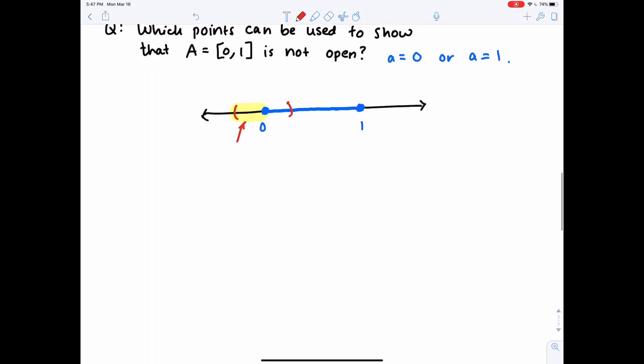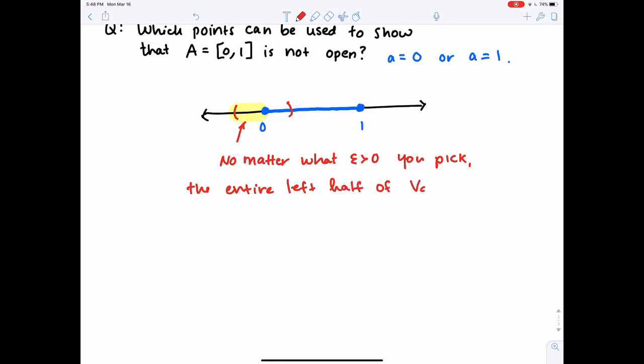So no matter what epsilon greater than 0 you pick, the entire left half of V epsilon of the number 0 will lie outside that closed interval [0, 1].